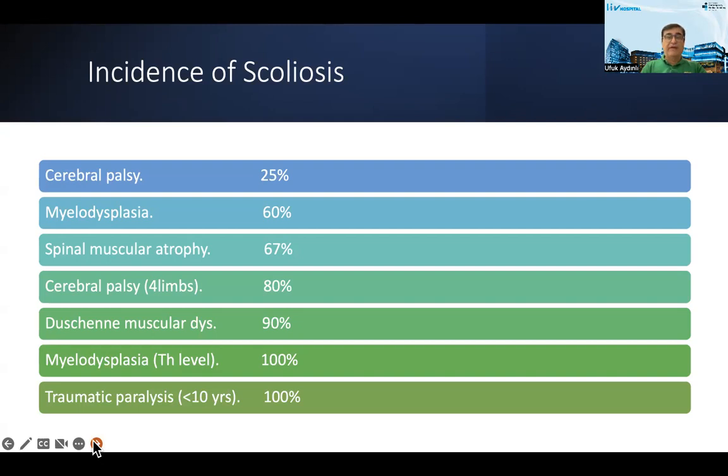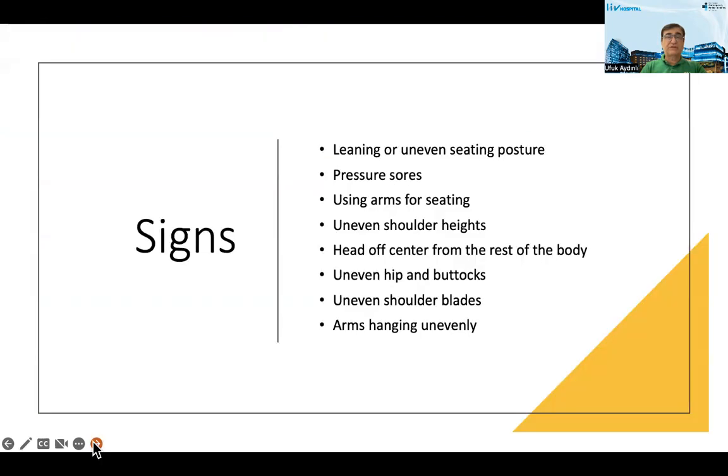If they have a patient with Duchenne muscular dystrophy, myelodysplasia, or traumatic paralysis, that means these patients will 100% have the deformity, either scoliosis, kyphosis, or kyphoscoliosis. If they consult these patients with us as early as possible, then we will know what time and when we are going to operate.